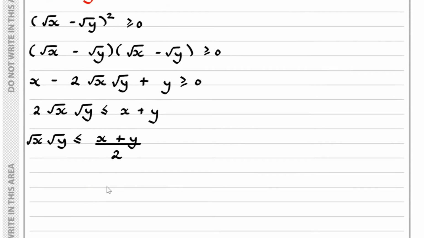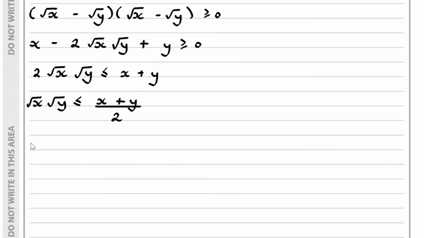Now, square root x times square root y is the same as the square root of xy. So I've got the square root of xy being less than or equal to x plus y over 2, and this is exactly what I wanted to show. So let's write down that line, hence shown.